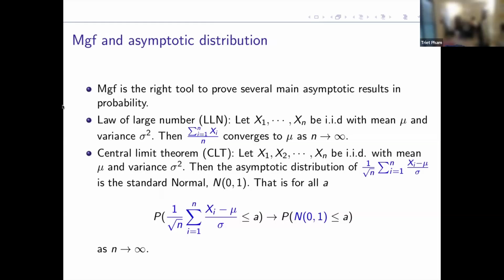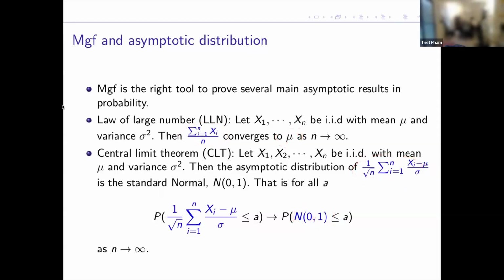And let's just mention why this works. Why this works again relies on the fact that the moment generating function uniquely identifies the distribution. So we can establish the moment generating function of whatever we need. And then we can establish that the moment generating function of this object converges to the right moment generating function of the target as n goes to infinity.